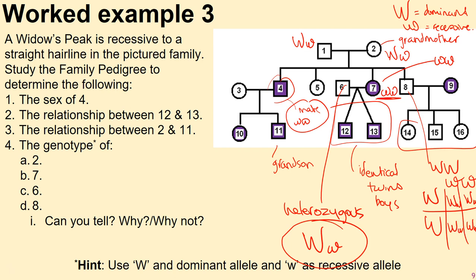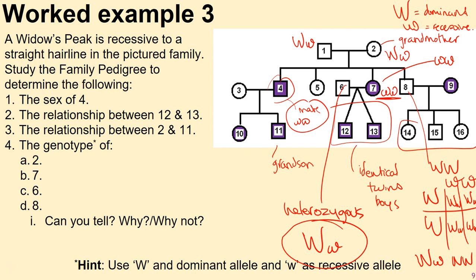This would provide the phenotype of all unaffected, which would be in line with this. But we can't be certain, because there is a chance each time that they may have an unaffected child, even if the individual was heterozygous. So this one we can't be certain of. They will either be a big W, little w, or 2 big W's though.